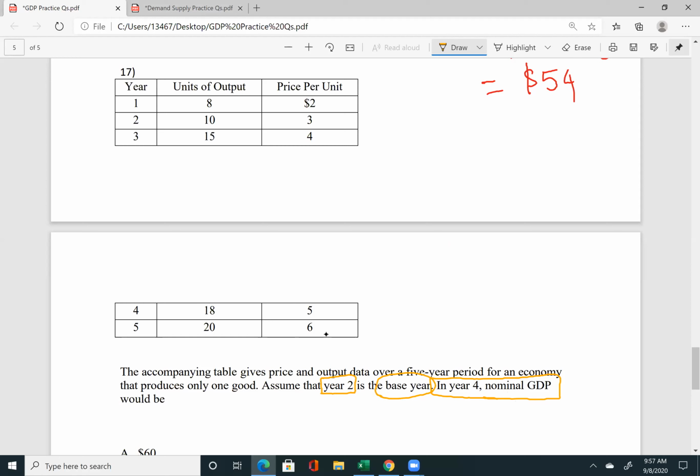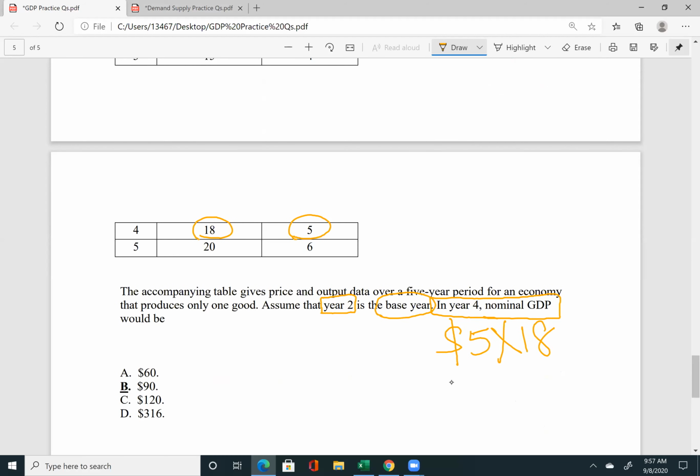So for year 4, the nominal GDP is equal to the year 4 price times the year 4 quantity. So this is equal to 90. Okay, there you go.